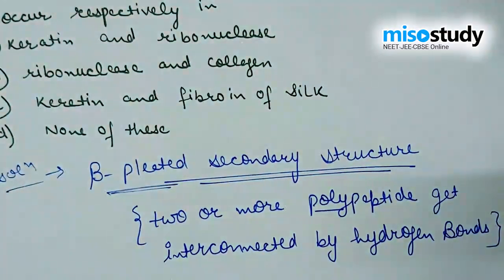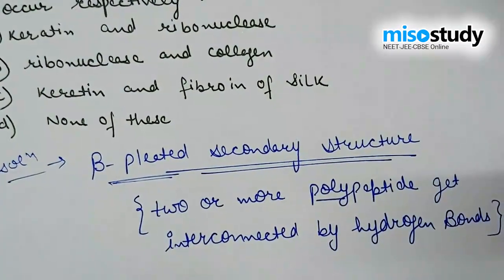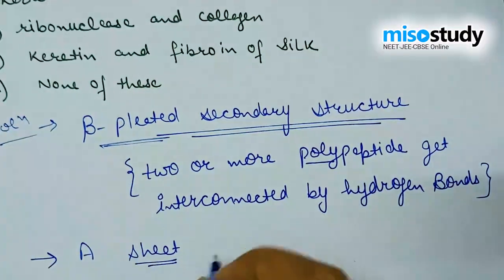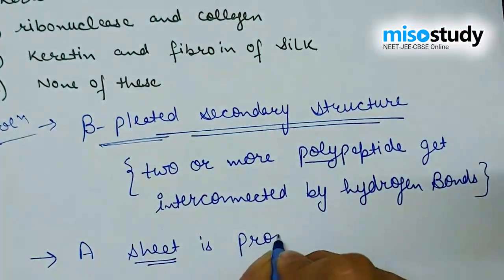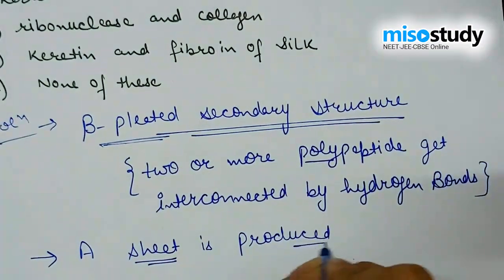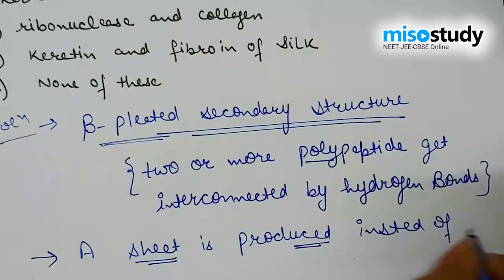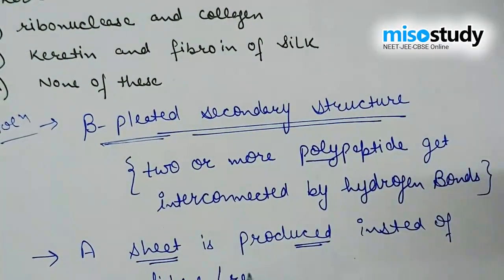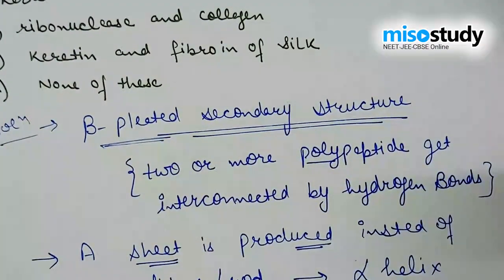Then they form the beta-pleated secondary structure. After the connection by hydrogen bonds, a sheet is produced instead of a fiber or rod, which is known as an alpha helix.